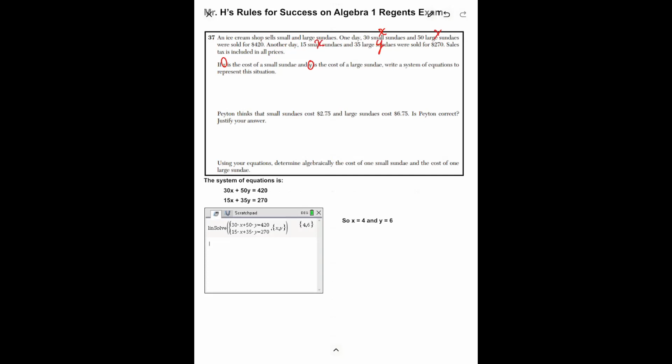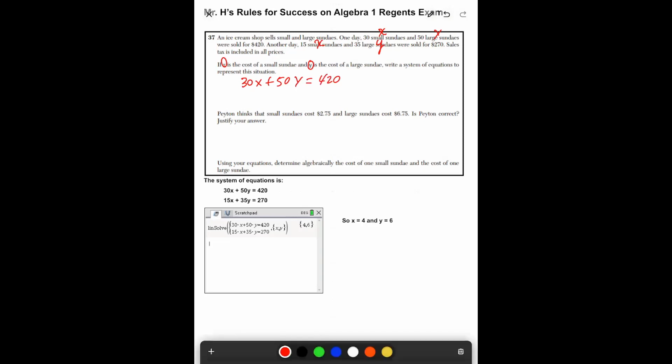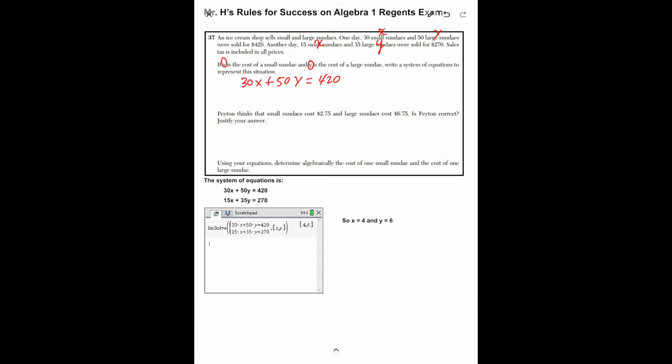So our equations would be this: 30X plus 50Y is equal to $420. And then the other equation is going to be 15X plus 35Y is equal to 270.